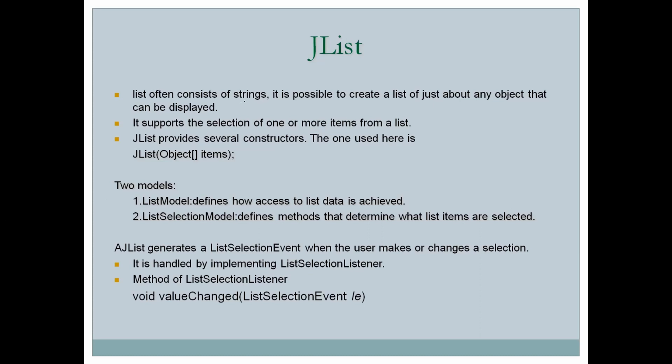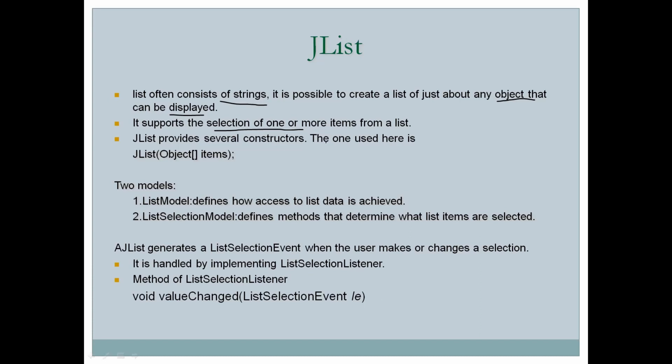A JList often consists of strings. It is possible to create a list of just about any object that can be displayed. Not only strings, but we can create a JList of any displayable object. It supports selection of one or more items from a list. Once we display a list, we can select a single item or multiple items from the list.